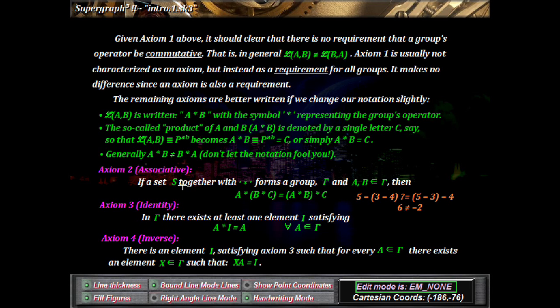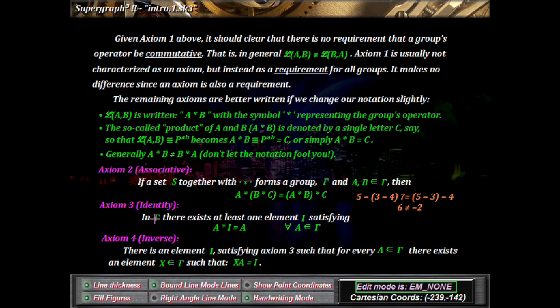Notice here that I started with S being a set of things, and combined S with an operator, and that combination results in a group. Okay, and then I have elements in my group. And the elements need to satisfy this movement of brackets principle, the associative principle, in order for the gamma to be a group.